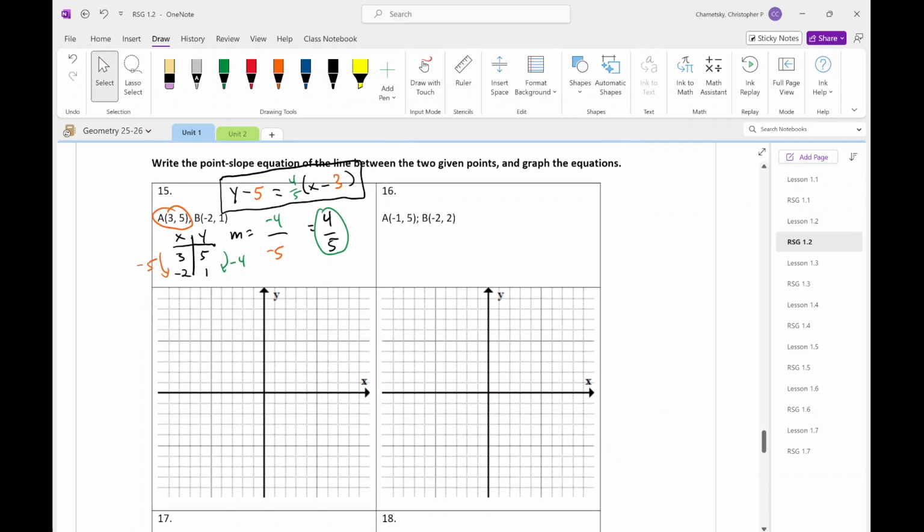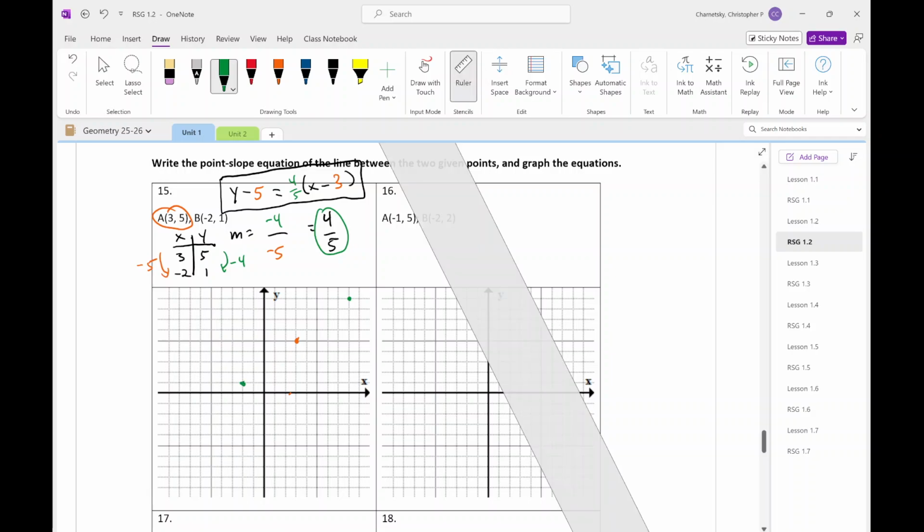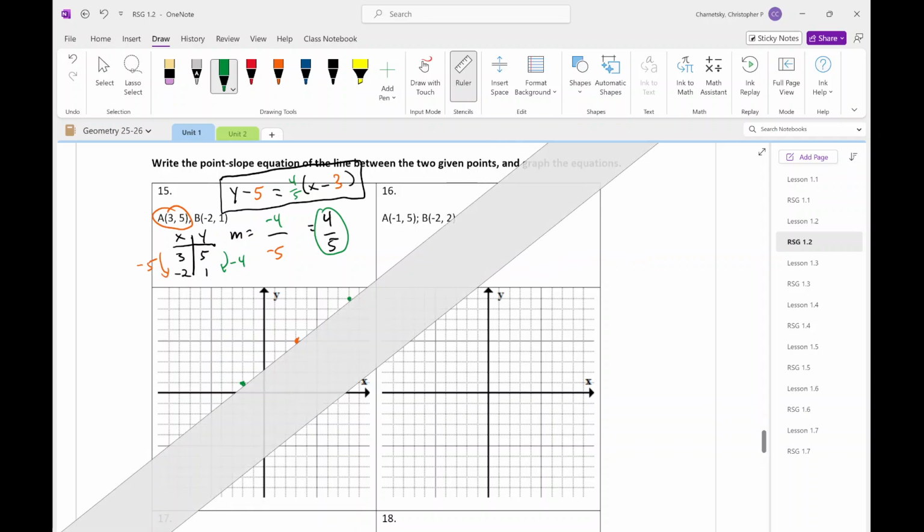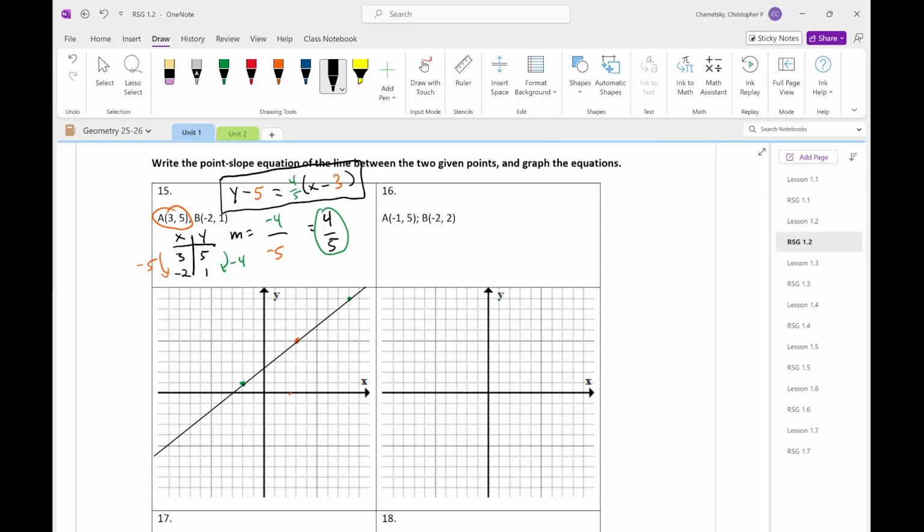So we go to 3, 5. There's 3, 5. And then our slope is up 4 over 5. Up 4 over 5. There we go, that should be enough. Okay.